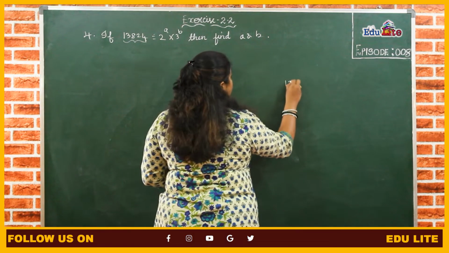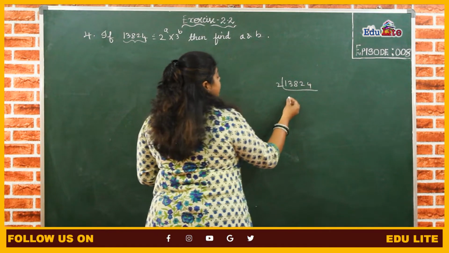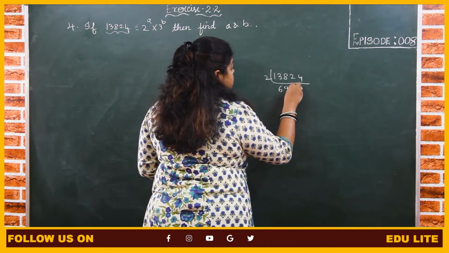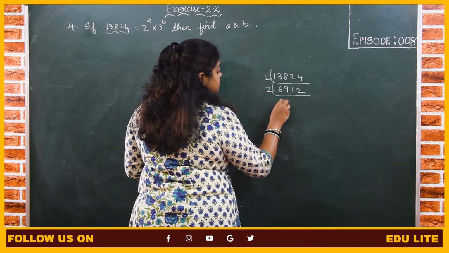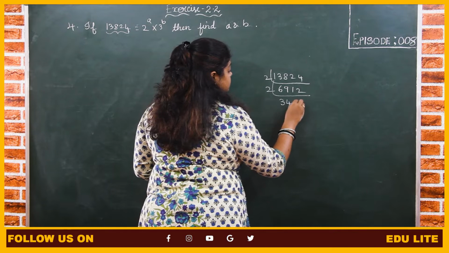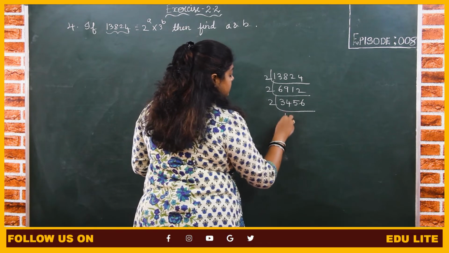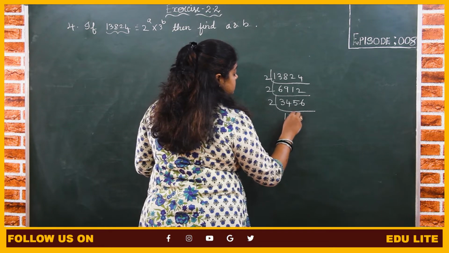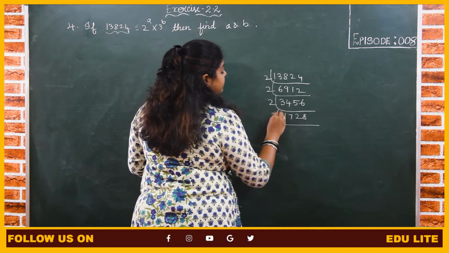Let us do it. So 13824 can be divided by 2. Next, again this can be divided by 2. This number also can be divided by 2. Again can be divided by 2.